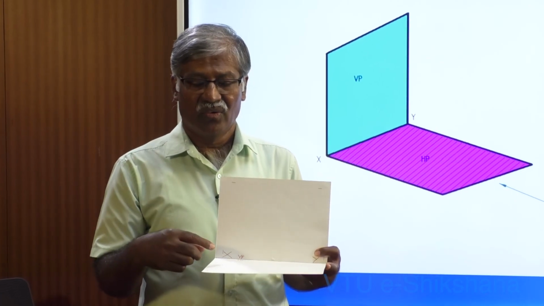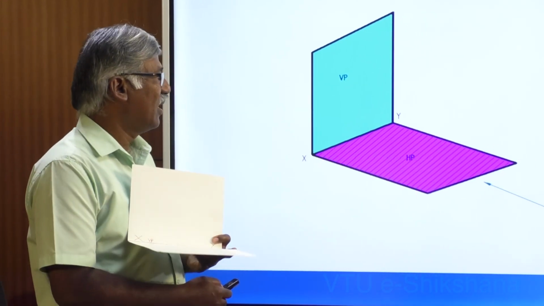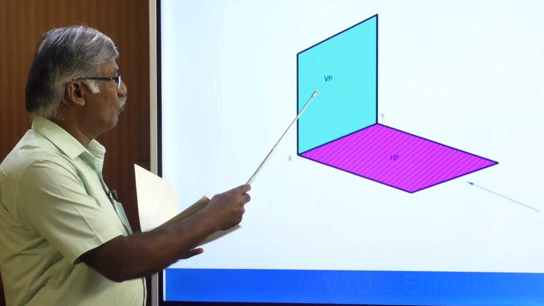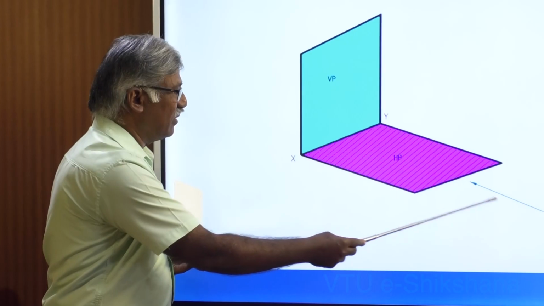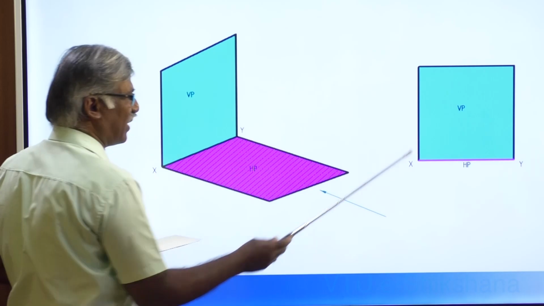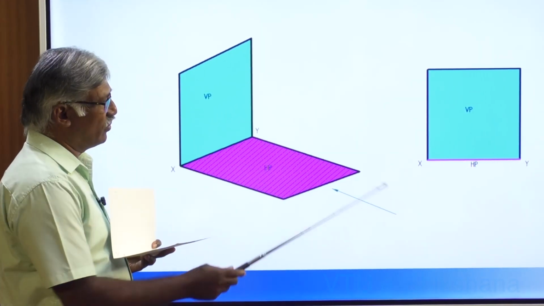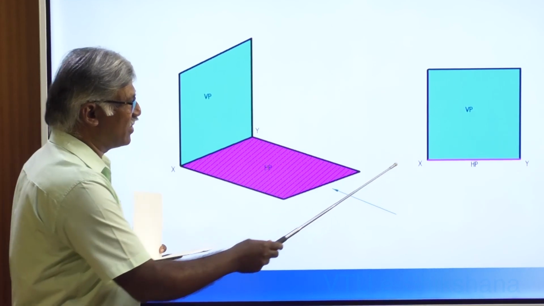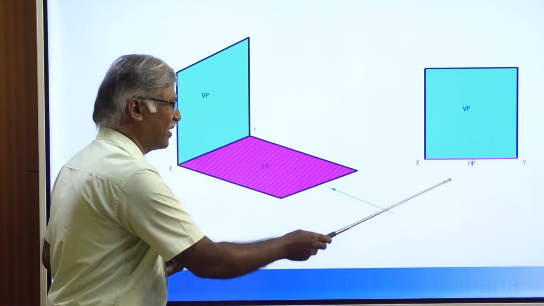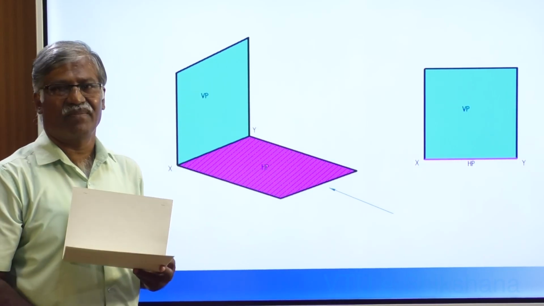So, the reference is this. In this figure we can see the VP area and we cannot see the HP area, because this is 2D and we have projected it on the XY line. This XY is referred to as HP.